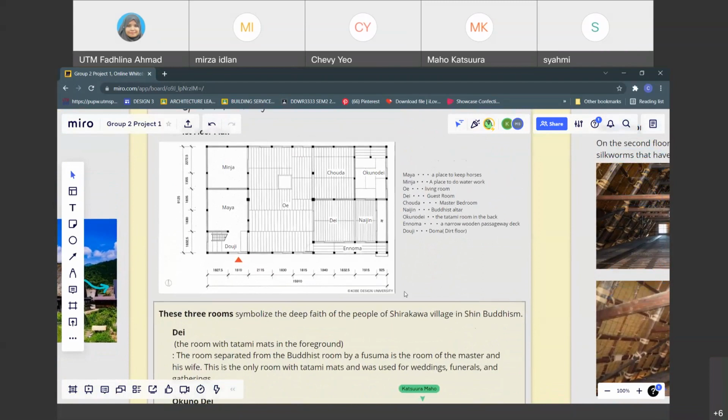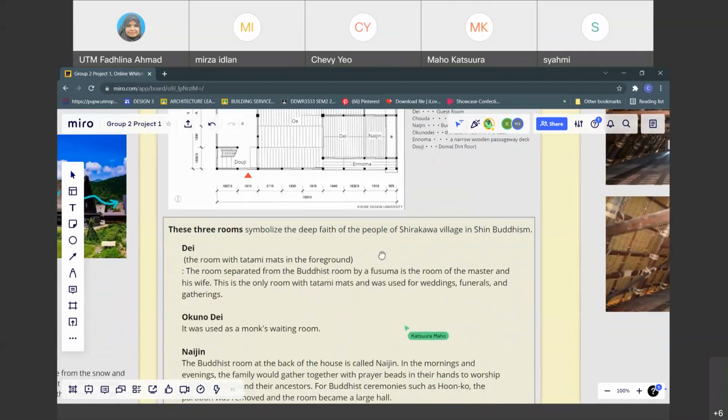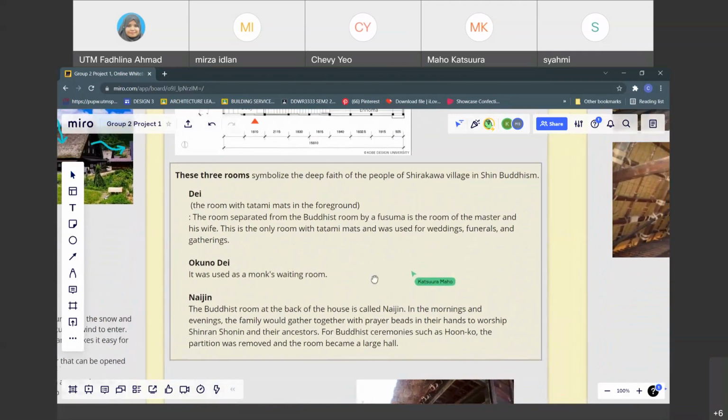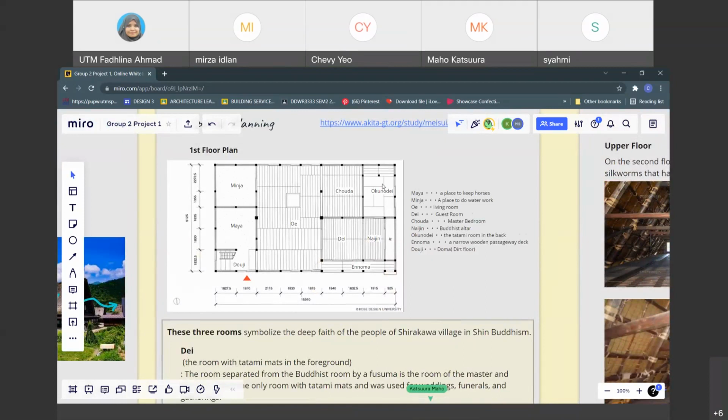It is a room of the master and his wife. This is the only room with tatami mat and was used for weddings, funerals, and gatherings. Okuno Day was used as a monk's waiting room, and Naijin is a Buddhism room at the back of the house.